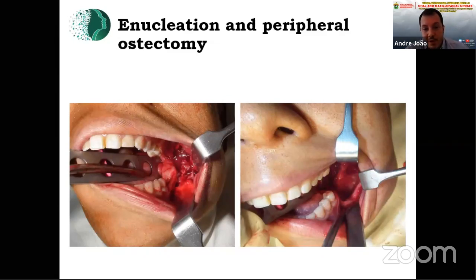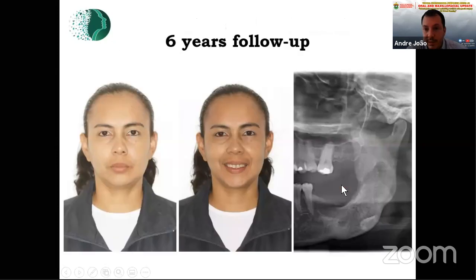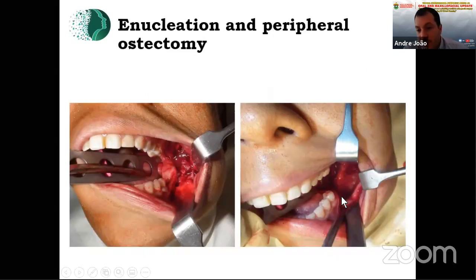So I perform enucleation, and then I do peripheral ostectomy. As you can see, it's changed a lot, but I usually take a straight handpiece with a maxi cut, like a burr that you use for dental prosthesis, and remove 1 or 2 millimeters of bone inside the lesion.